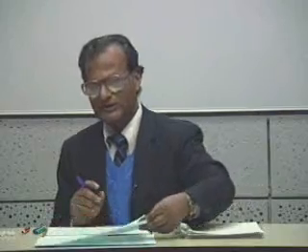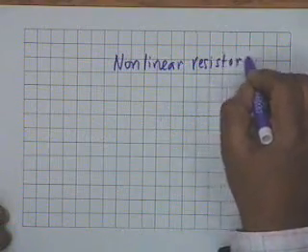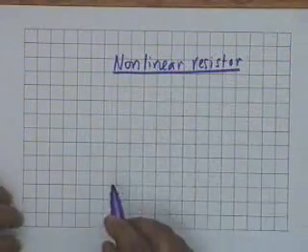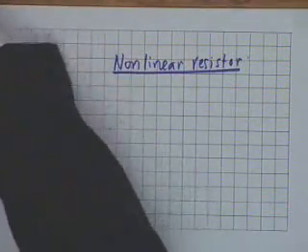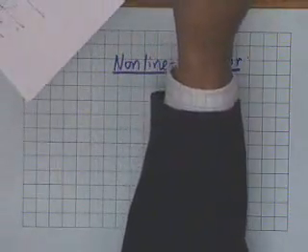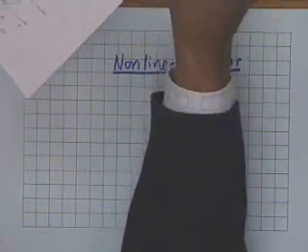Let's concentrate our attention first on nonlinear resistors. How does one characterize a nonlinear resistor? Well, one of the ways is to use, instead of an analytical method, a graphical method.